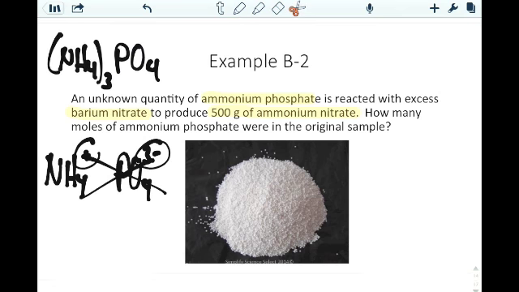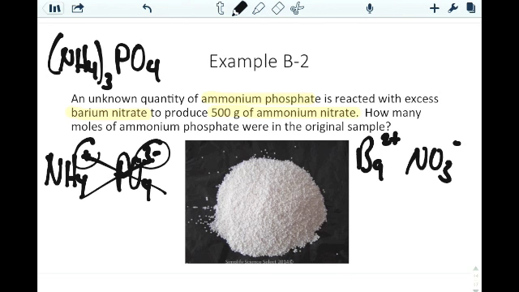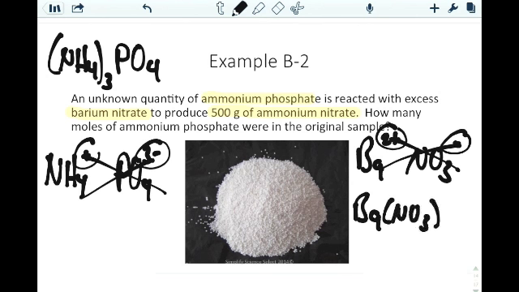That's reacting with our barium nitrate, which barium is Ba, and barium has a +2 oxidation number, bonded to nitrate, which is NO3 with a negative charge, crisscross, and we get our Ba(NO3)2. So those two are reacting together.